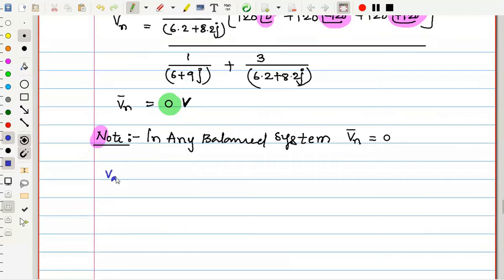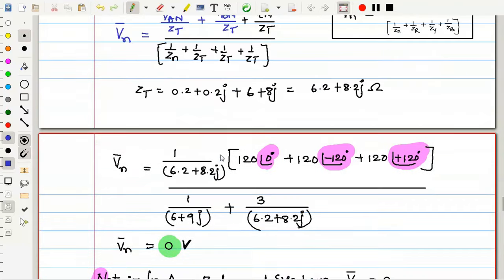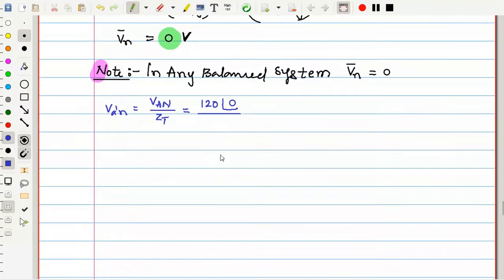So VA dash N is equal to VAN divided by ZT. We already calculated ZT. So VAN is equal to 120 at an angle 0 divided by ZT. ZT is how much? 6.2 plus 8.2j.